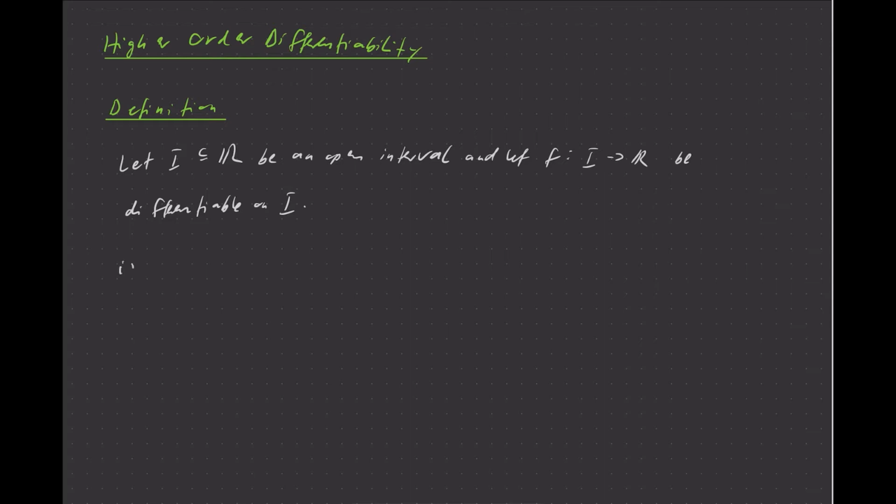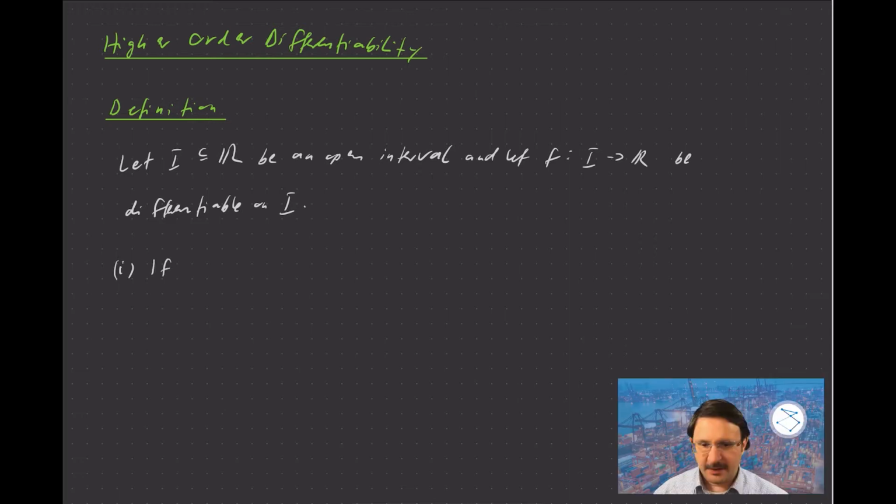And now let's first define what it means for a function to be twice differentiable. And that is the fact simply if the derivative is again differentiable at a given point. Now that derivative, of course, needs to be a function that is again defined on an interval around that point. Otherwise, we cannot take the limit in a reasonable way.